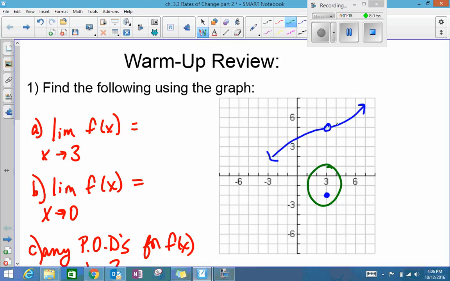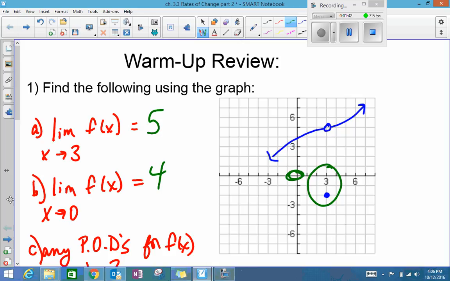Or I'm sorry, approaching 5 from the left and the right. So the limit is 5. If we look at the limit of f of x as x approaches 0, now we're concentrating at 0, but we're looking at the function. And from the left and the right, it's approaching 4.